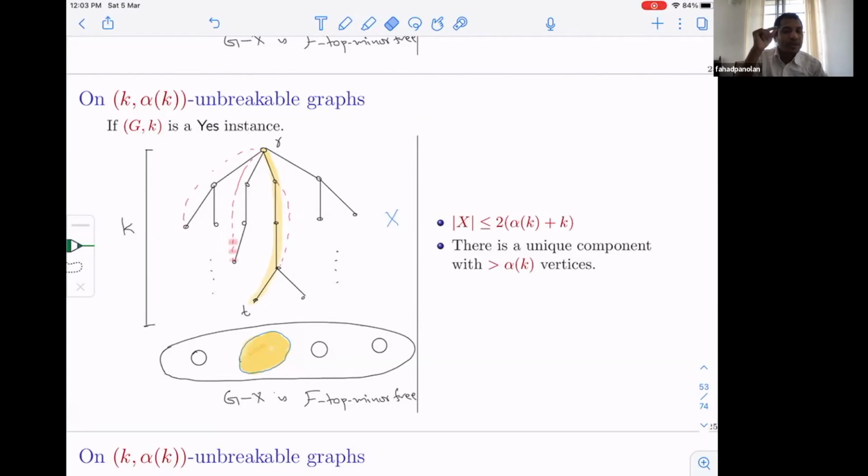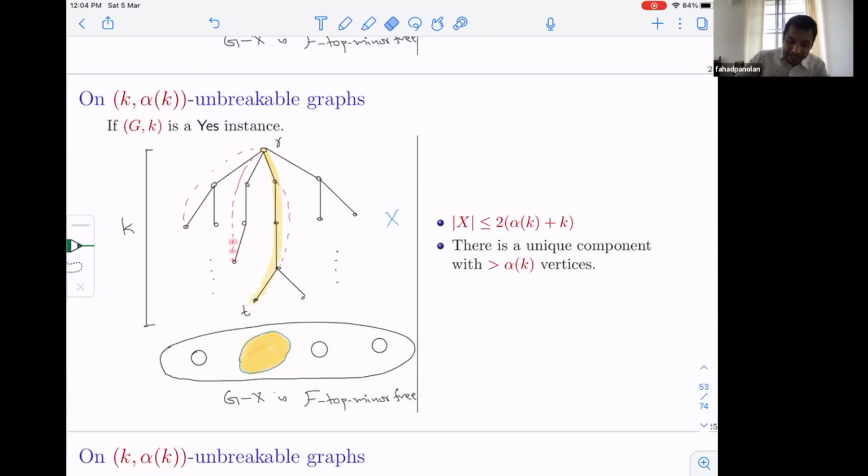Now what we are going to do is design a branching algorithm. First, as we did before, we will guess the structure of the tree. After guessing the structure of the tree, we will come up with a branching rule that will place the vertices from the large connected component onto this particular root to leaf path.